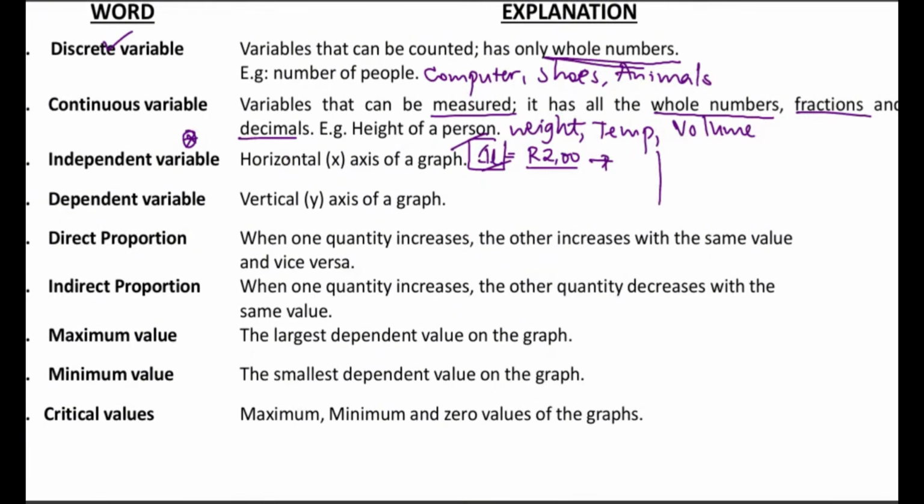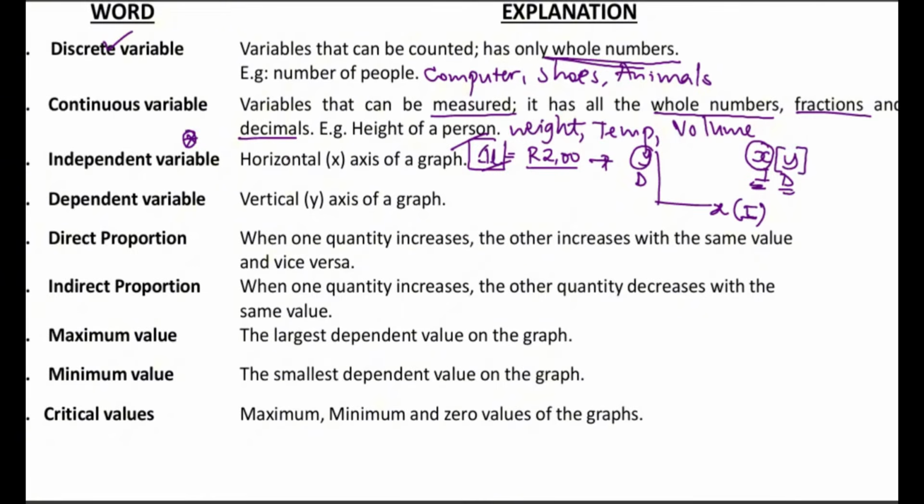So down here, this will be independent, and the one that goes up here is dependent. For easy remembering, you can say X, Y, I, D. The independent is always on the x-axis, and the dependent is on the y-axis.